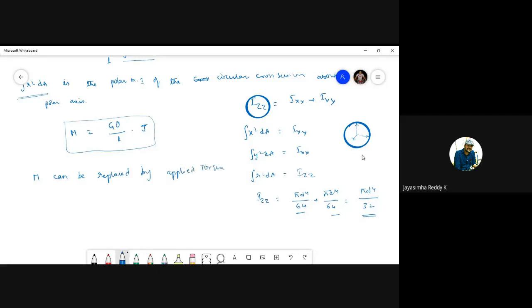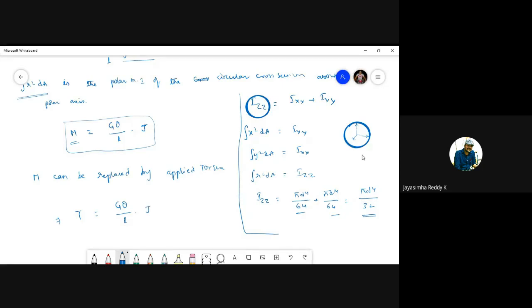See, students, M is a resistive moment because of the applied torque. So moment here can be replaced by torque. So I'm just replacing M with T. So this implies T is equal to G theta by L into J.